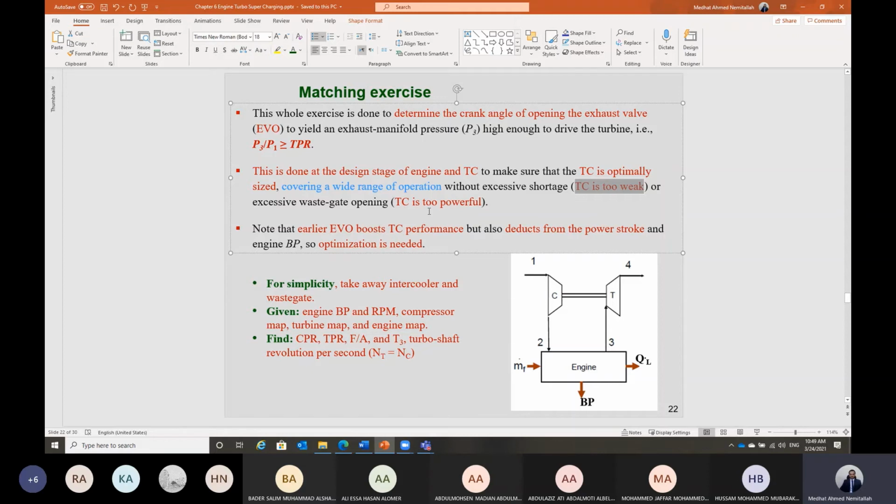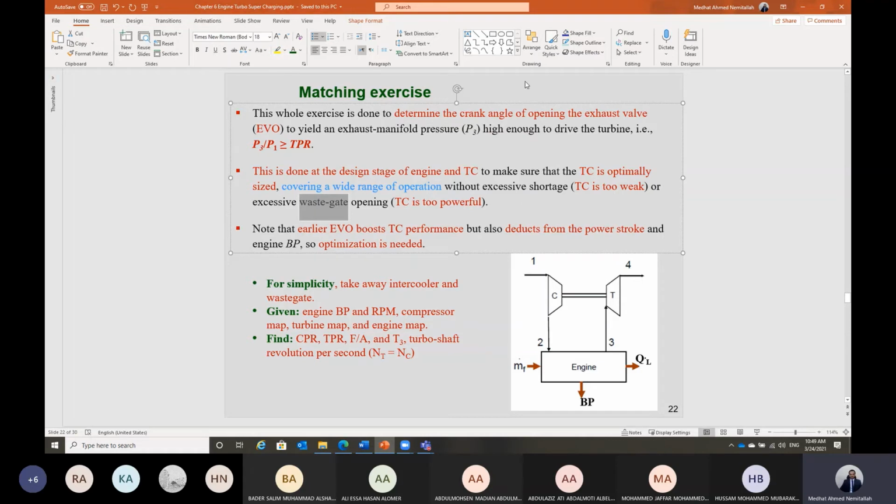And for a very powerful turbocharger, we have to use the wastegate in order to bypass some of the exhaust gases to the surroundings without taking benefit of this exhaust gas power. So we just need to avoid those limits, that the turbocharger is not weak and is not very powerful. It has to be optimized in this case.